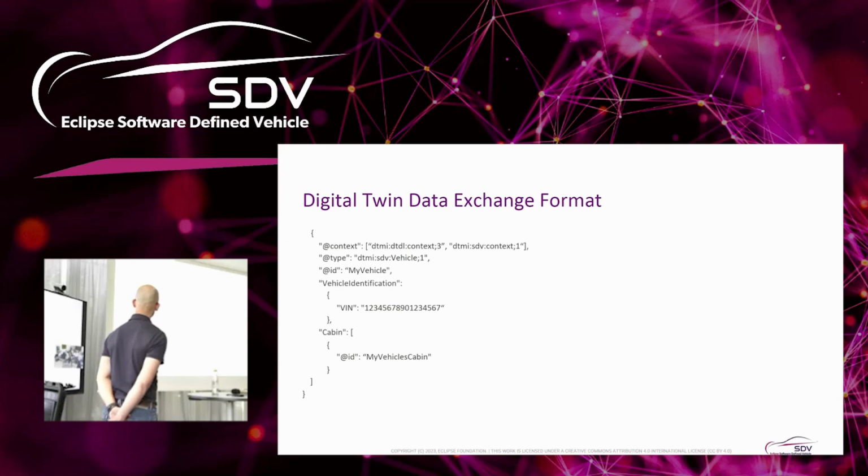And also to give the data some sense of identification. And you can see that through the @id keyword in this example. So the actual data model that we looked at in the previous slide, this is the data exchange format representation for it, okay? And this is only a simple vehicle, right?